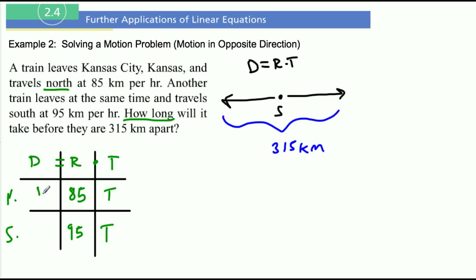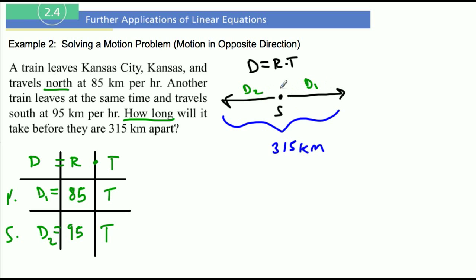So check this out. We have the distance equals 85 times T, and the distance equals 95 times T. See if this would make sense: say I call this guy D1, the person going north, and this is going to be our distance 2.